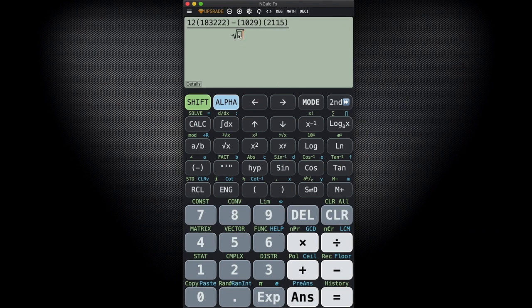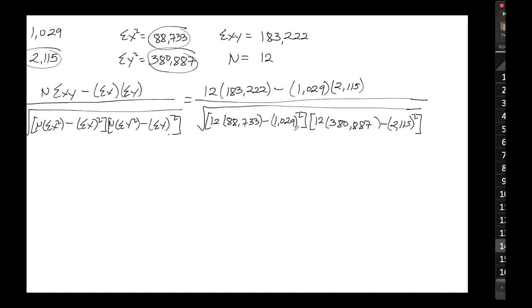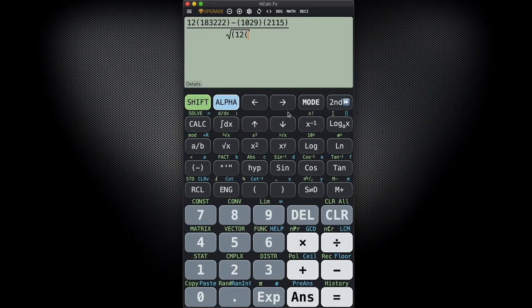Kapag sa calculator, guys, you need to have first the parentheses. Yung bracket and braces and parentheses, that is all the parentheses pagdating sa calculator. So, 12 tayo multiplied to 88,733. So, opening ulit.